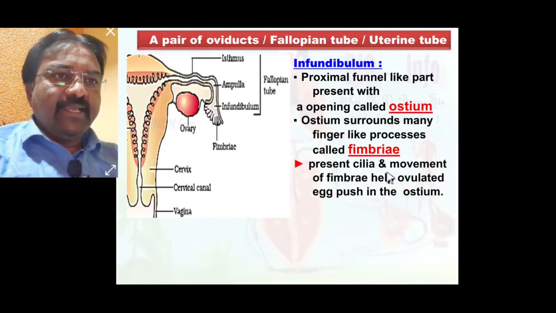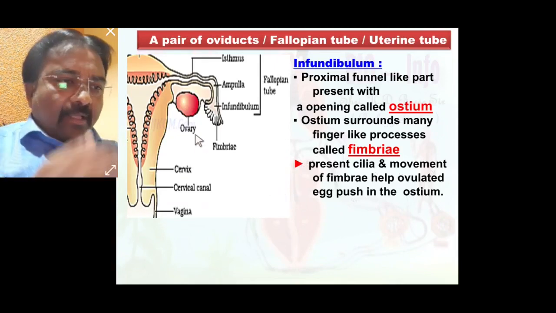The cilia and movement of the fimbriae help push the ovulated egg into the ostium. This is the function of the infundibulum.